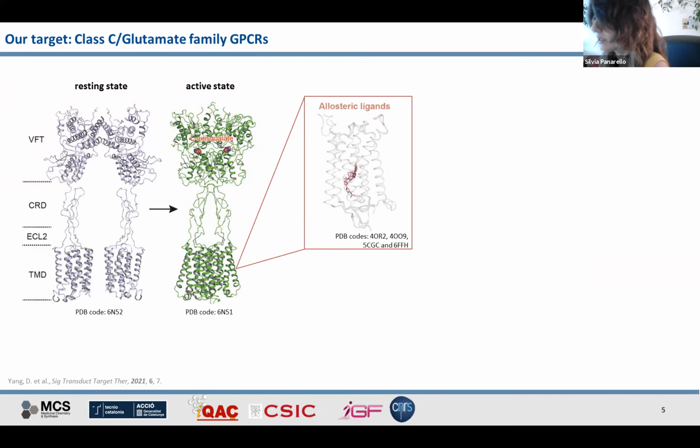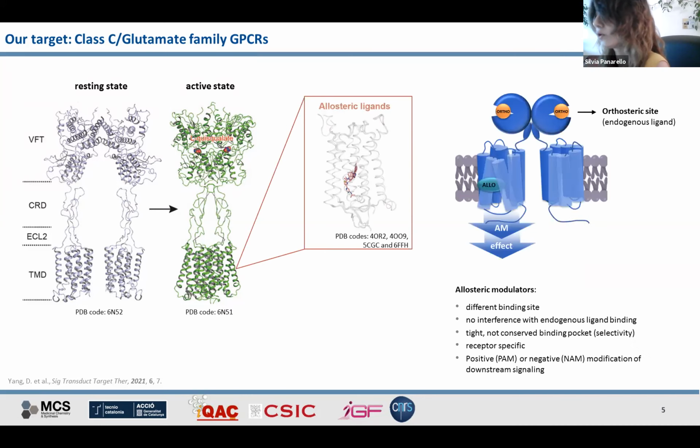These small molecules do not bind to the orthosteric ligand binding site, but instead act at an alternatively located binding site, the allosteric one, which is distinct from the orthosteric one and where the orthosteric ligands do not bind, to either potentiate or inhibit the activation of the receptor by its natural orthosteric ligand.